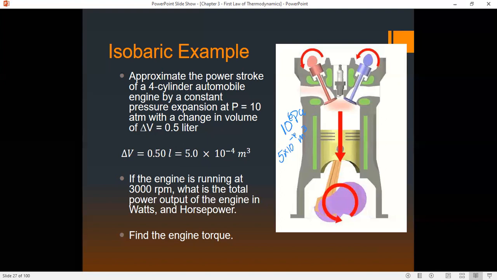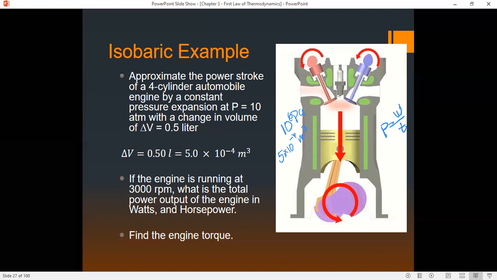If the engine is running at 3,000 RPMs, what is the total power output of the engine in watts and horsepower, and find the engine torque? We won't do engine torque, but we'll do power. Power is equal to the work done divided by the time. So we need to calculate the work due to each isobaric expansion.